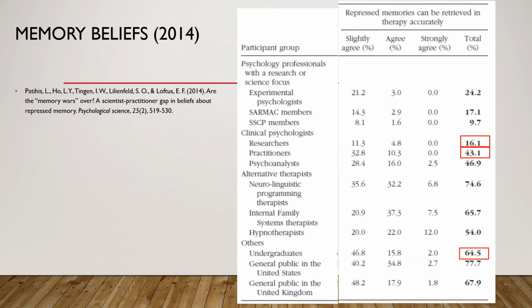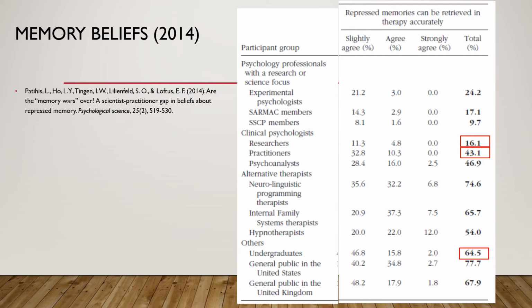In contrast, among clinical psychology practitioners who see patients and don't usually do research, 43% of them agreed to some degree that repressed memories can be retrieved accurately in therapy.